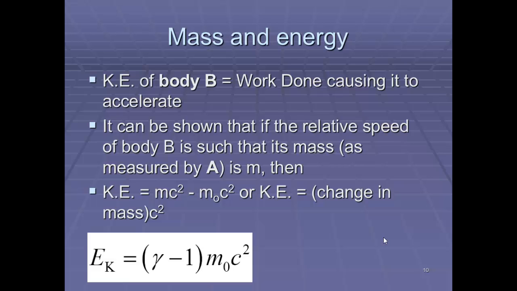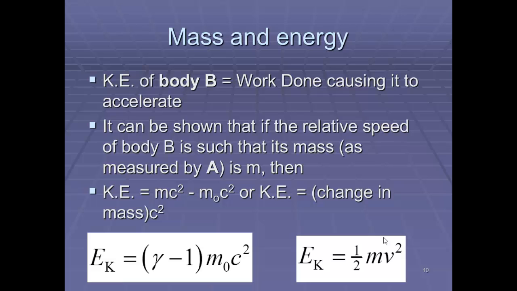Kinetic energy is equal to the Lorentz factor minus 1 times the rest mass times the speed of light squared, and let's always remember that the kinetic energy is equal to half mv squared.